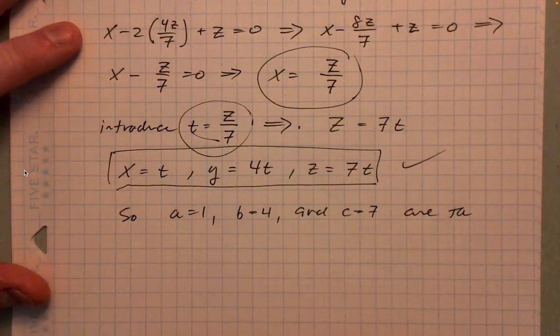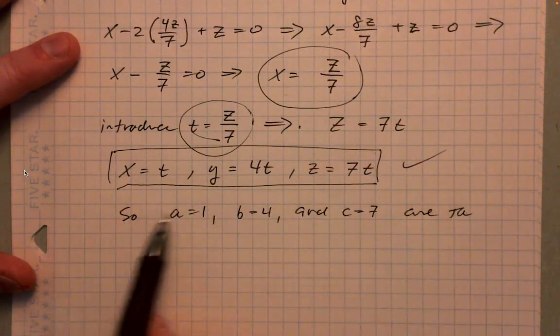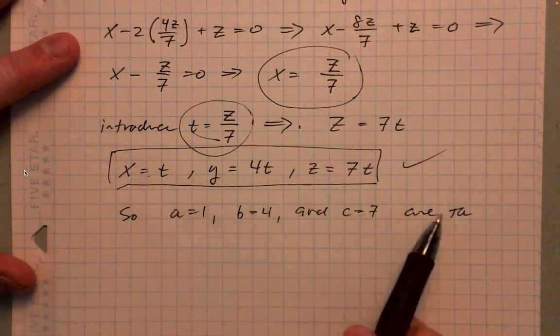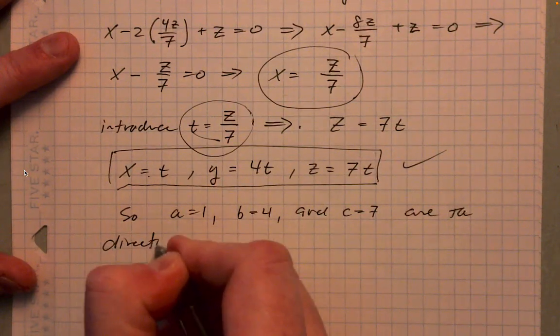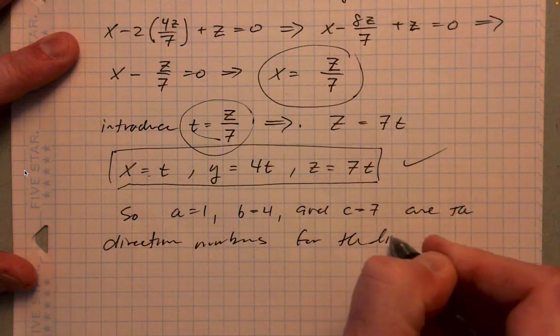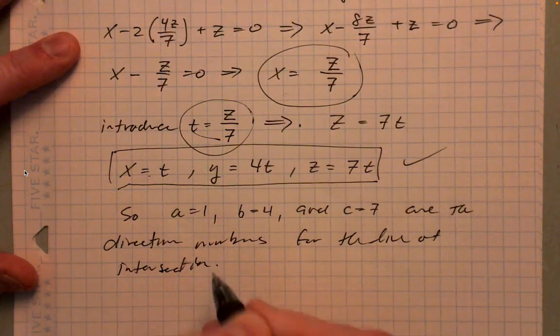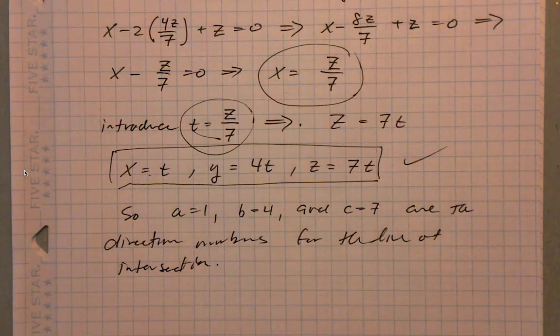Right? So you can see how you could talk more and more about this. So 1, 4, and 7 are the direction numbers for the line of intersection. Okay. All right, very good.